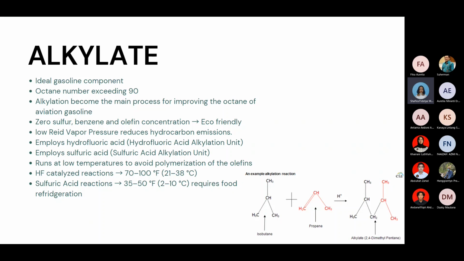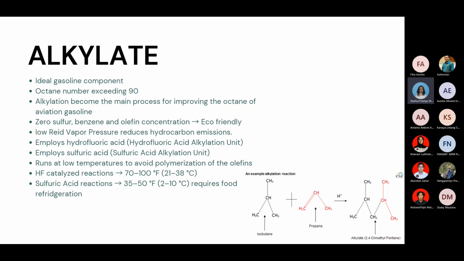Now, there are two types of alkylation processes employed: the first employs hydrofluoric acid, the hydrofluoric acid alkylation unit, HFAU, or it employs sulfuric acid, the sulfuric acid alkylation unit, SAAU.